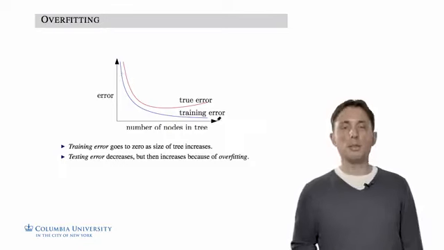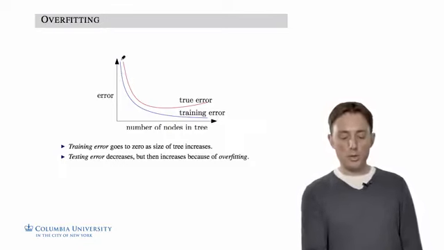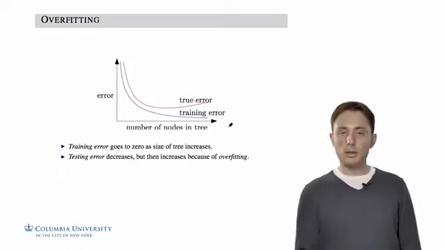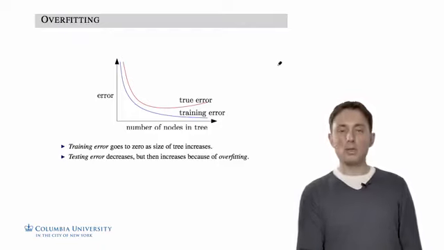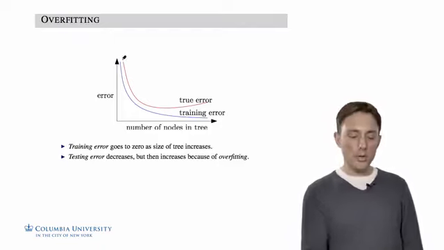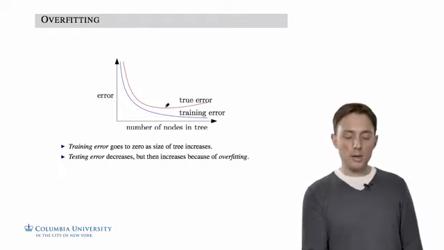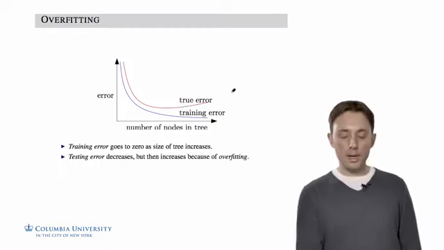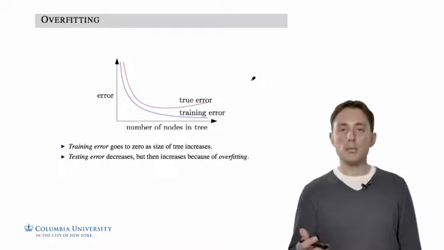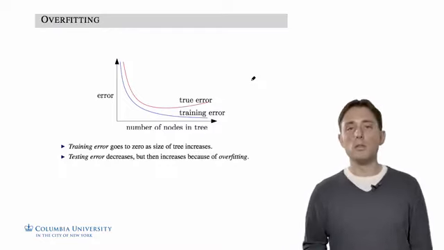However, we get this type of situation where, if we increase the number of nodes in the tree, it continually reduces the training error, but the testing error on a held out set at some point starts to get worse and worse. So in a certain regime we're improving our testing error, but at a certain point our trees become too complex and we start to overfit to the training data, and we get worse and worse testing predictions because it doesn't generalize to new data as well.